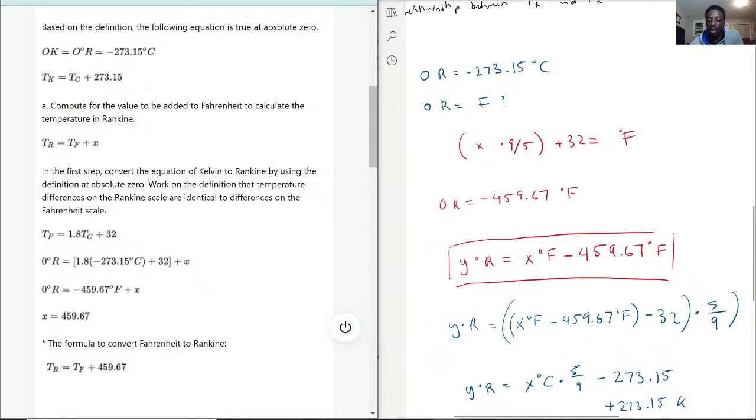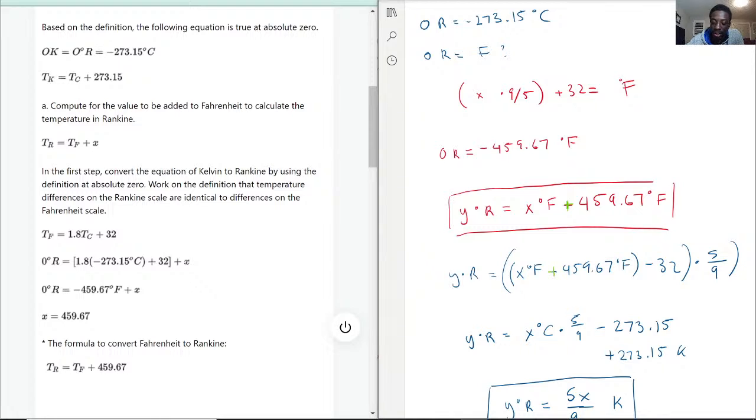I did the addition backwards, but it should be plus, not minus, because 0 Rankine is negative 459.67. So that means 0 Fahrenheit is 459.67 Rankine. So that's why we have to add it there.